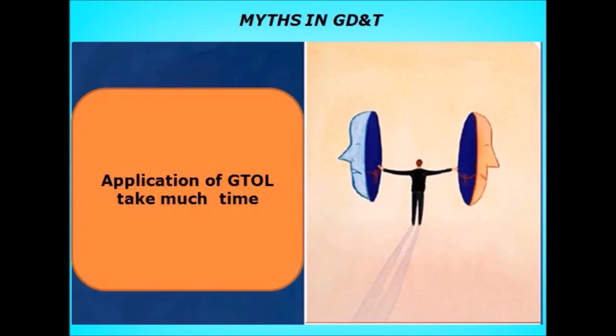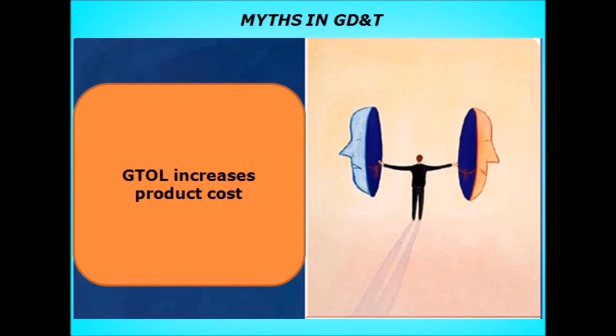The next myth is that application of GTOL takes much time. It is absolutely incorrect. If you know geometric tolerancing and if you have studied the assembly properly, then it can be given along with the dimensioning while you are working on the drawing. So it is not like it will take much time.